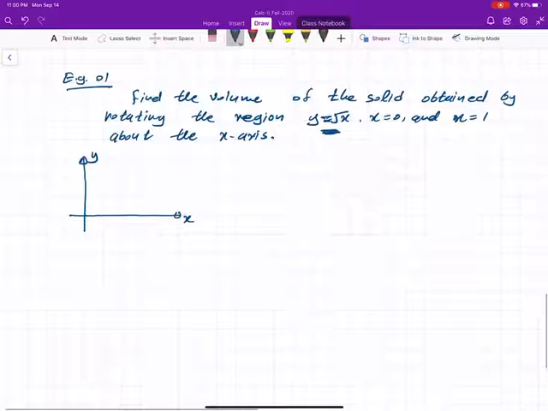The shape of that should be like this, concave down. Then x equals 0 is that line, and then x equals 1, which is this line.